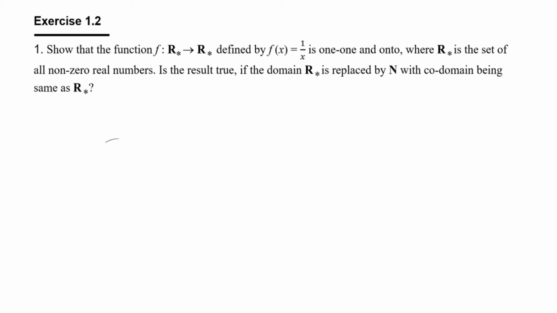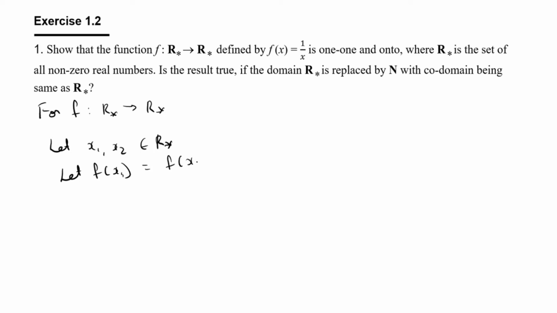So here, for the function f from R star to R star, first we will prove f is 1 to 1. Let x1, x2 belong to R star, and let f of x1 equal f of x2.